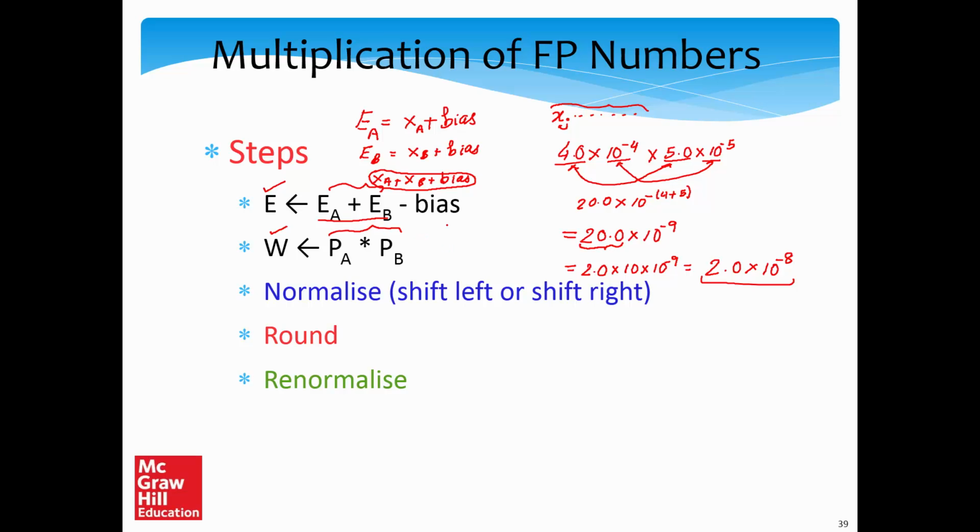This normalization has to be done to ensure that all our numbers are in the normal form. Then if some shifting has been done, some amount of rounding has to be done, because if some bits are being thrown out, we want the remaining significand to reflect their effect at least. Rounding can cause further problems, so we have to renormalize.